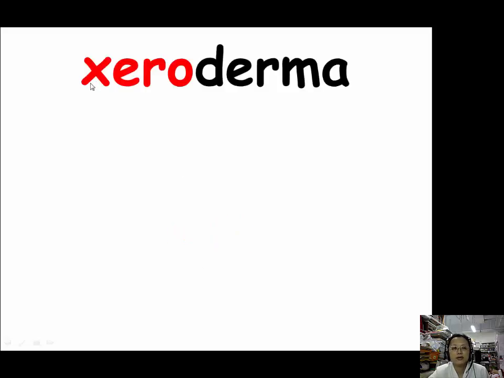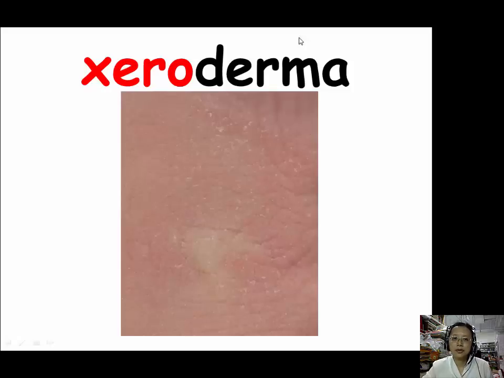Our example for xero is xeroderma. Xeroderma is a mild form of ichthyosis. It is marked by a dry, rough, discolored state of the skin with the formation of a scaly desquamation. Like in this picture, it's a xeroderma.